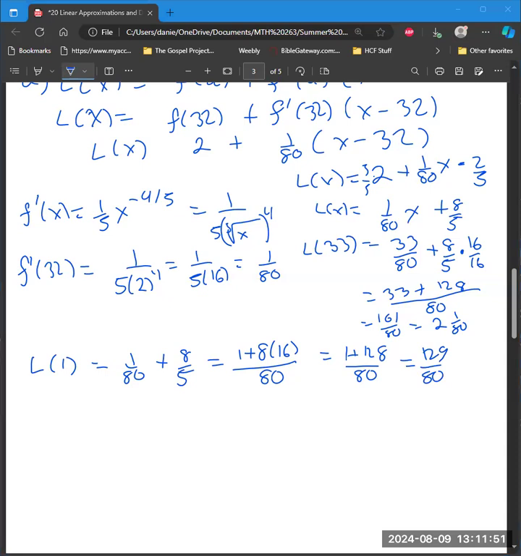So this one, 161 over 80 is approximately 2.0125. That's actually exactly what it's equal to. And then 129 over 80 is equal to 1.6125. Very good.